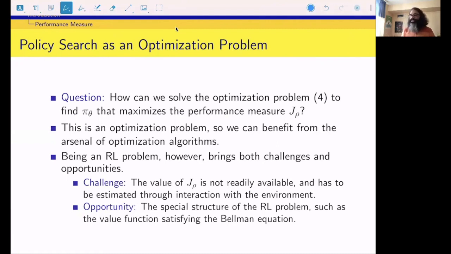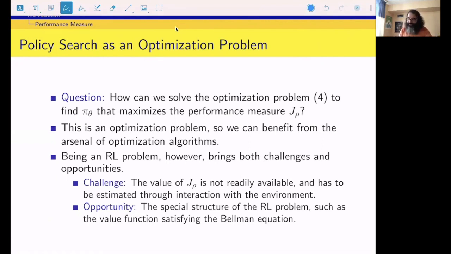How can we optimize it? Well, we can consider it as an optimization problem and use the many different optimization methods that people have developed over the past few centuries.